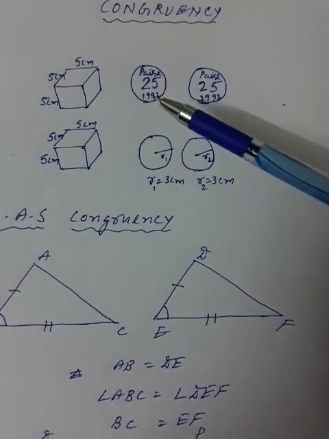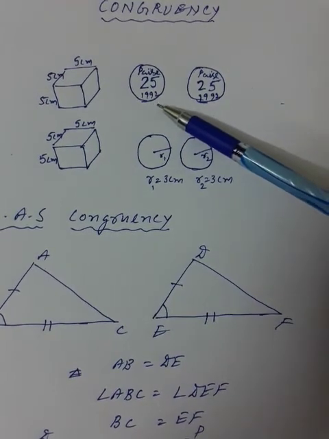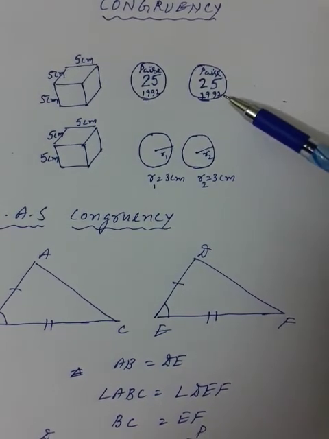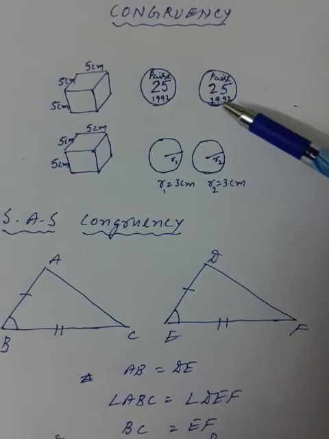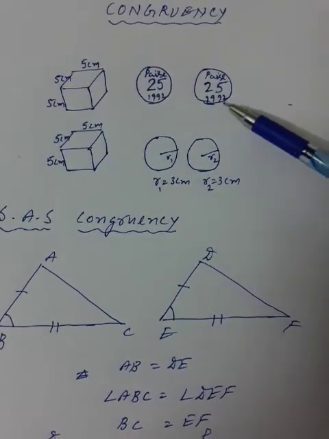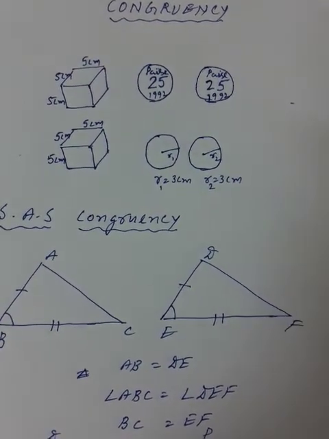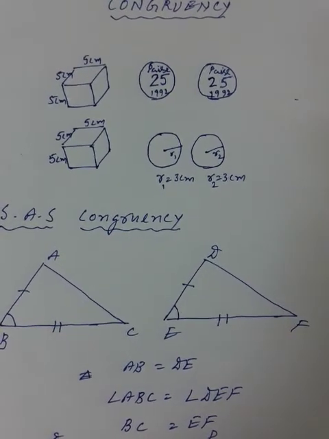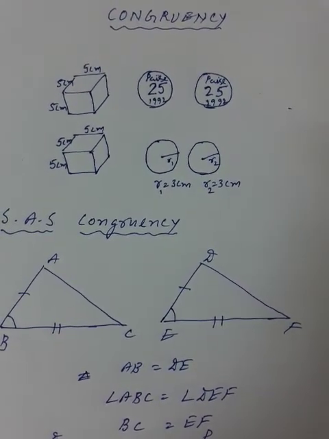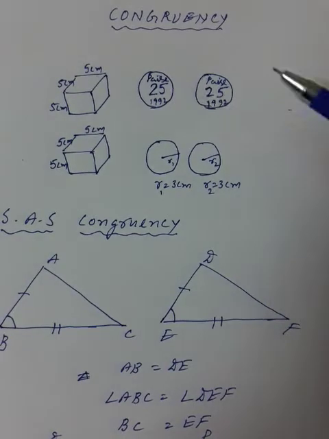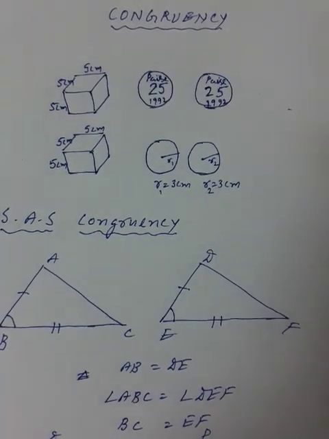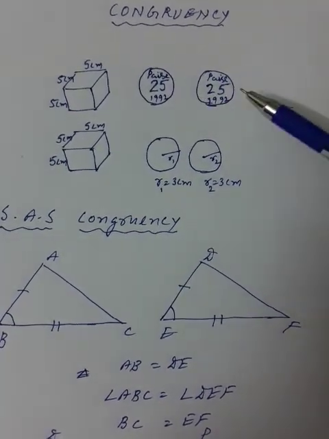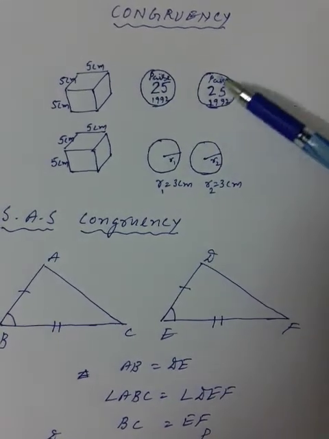Now if we take two coins, one 25 paise coin and another 25 paise coin, both are identical because they have the same radius, same diameter, and if we put one coin above the other, we will see that there is no difference, they are matching each other. So these are called congruent objects.